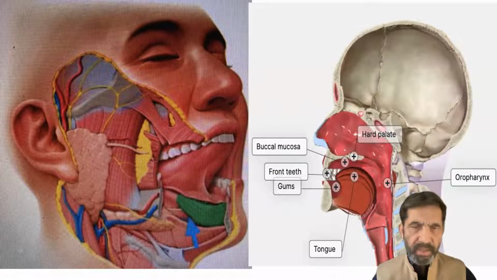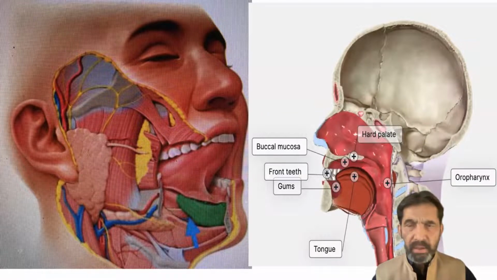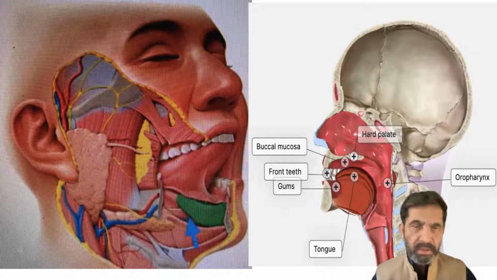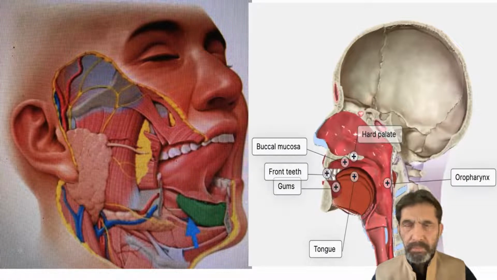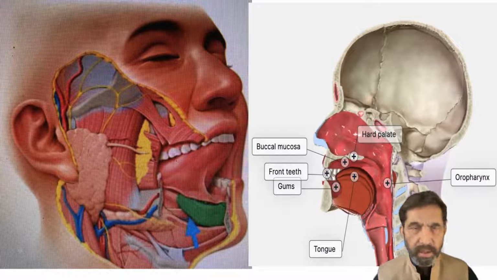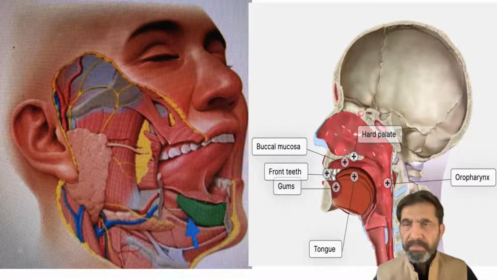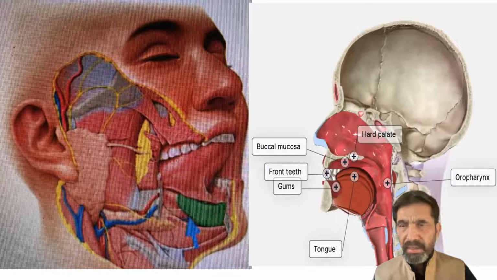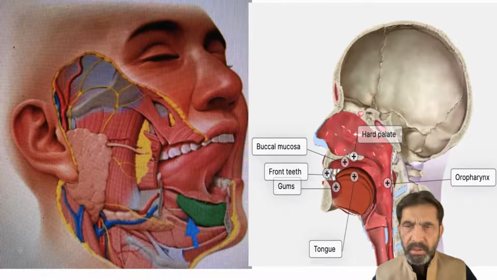Another is the submandibular glands, and this green is the sublingual glands. This is serous, this is mixed, this is predominantly mucinous. This classification depends upon their secretions. The other group is the minor salivary glands of the hard palate, buccal mucosa, gums, lips and tongue.